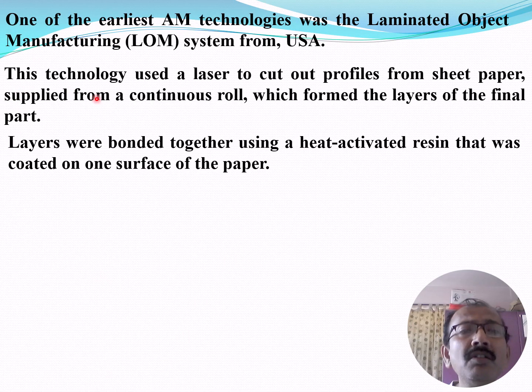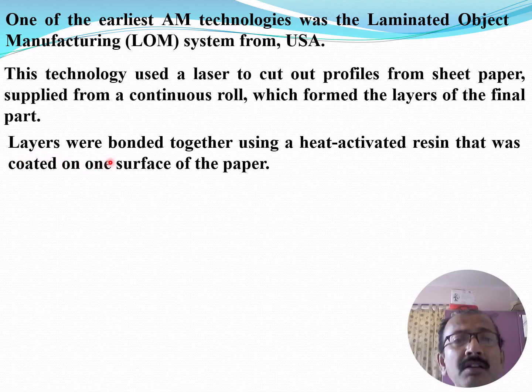Now, this technology used a laser to cut out profiles from sheet paper. That means the laser is used to cut the sheet paper supplied from a continuous roll. The sheet paper is supplied from a roller in a continuous process, forming layers of the final part.